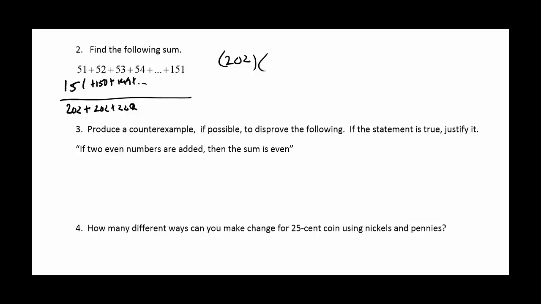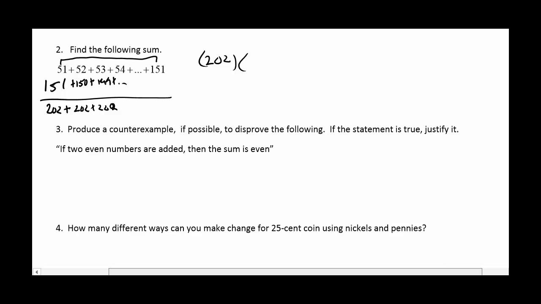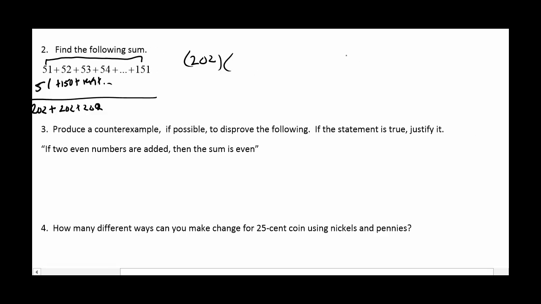Okay, but one of the problems is, in order to go from 51 to 151, I'm not quite 100% sure how many terms that is. How many steps did it take to finally get to that number? But we do have a formula that will do that for us. And so this is the nth term of an arithmetic sequence.